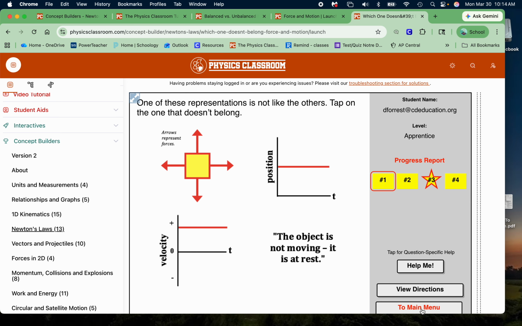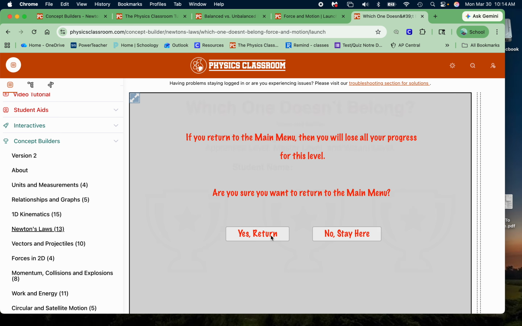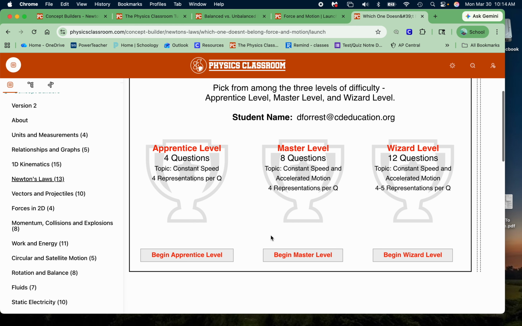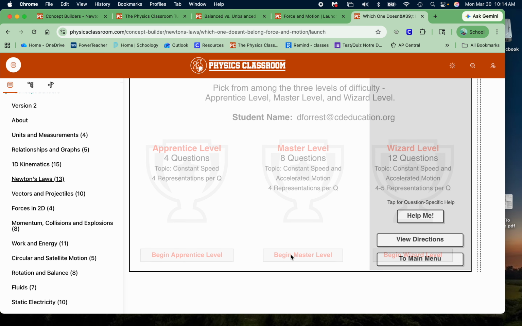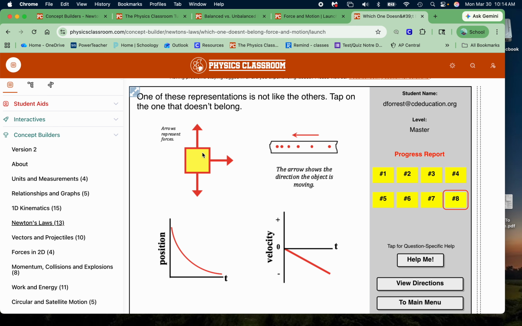We're going to go back to the main menu. We'll do one from the master level. So here, one of these is not like the others. So this shows an unbalanced force to the right. So if I have an unbalanced force to the right, I could be moving to the left and slowing down. So that could agree.